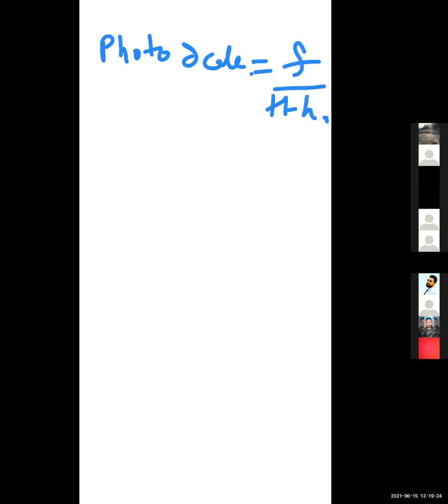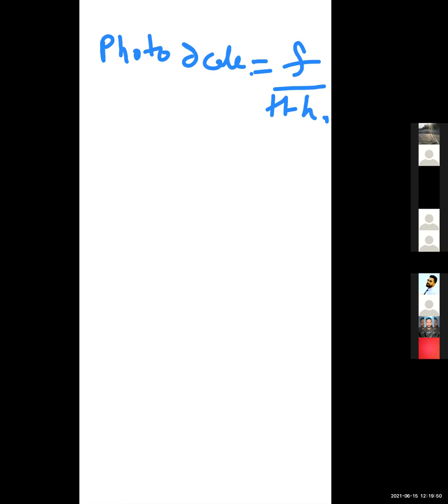So the first step is to find the photo scale. How do we find the photo scale? The photo scale is also the length on the photograph divided by the length on the ground. The ground length is not given, but the map information is given: the length on the map is 4 centimeter and the scale of the map is 1:35,000.